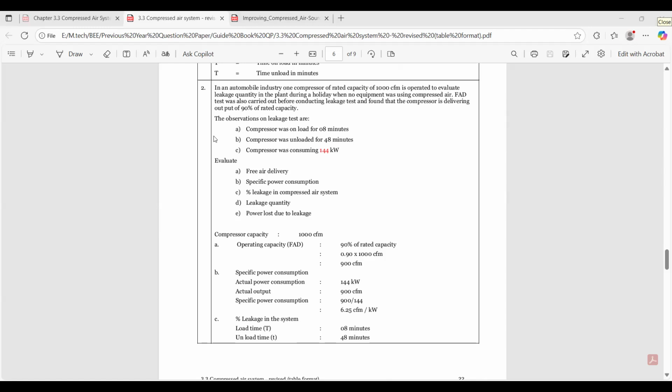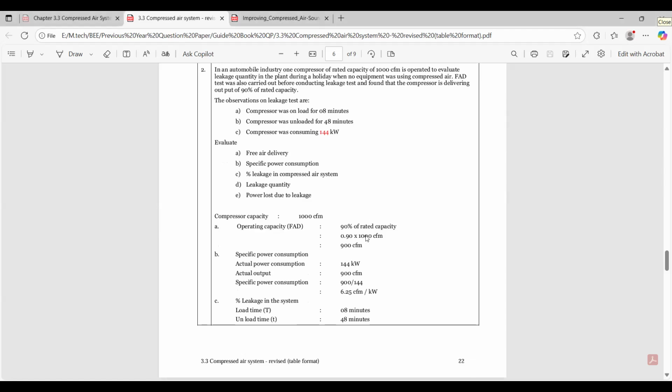So 144 divided by 900 is 0.16. If it had delivered 1000 CFM, it would be 0.144. So there is a loss of 0.016 kilowatt per CFM. For 1000 CFM, it is around 16 kilowatt of loss.